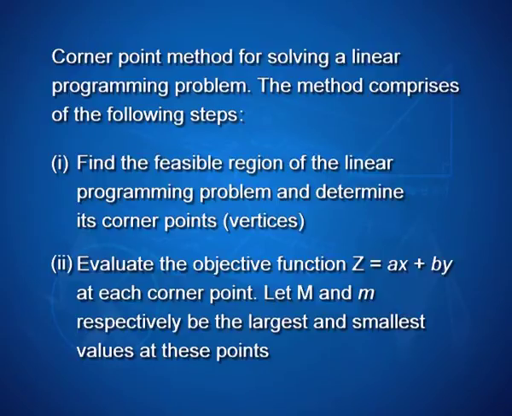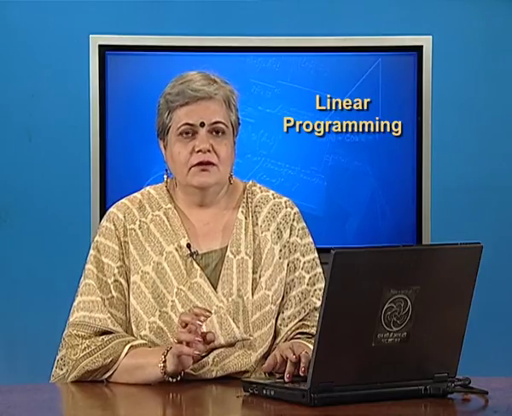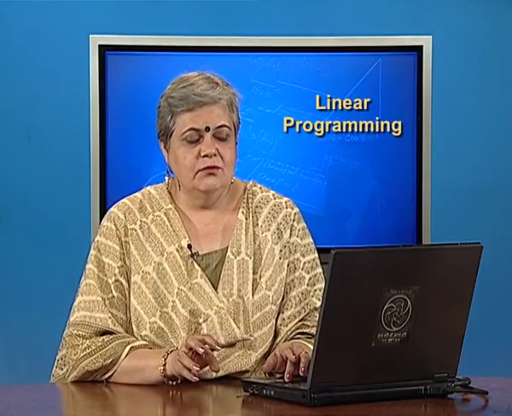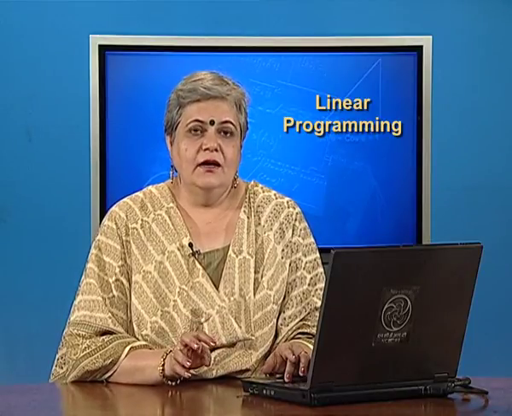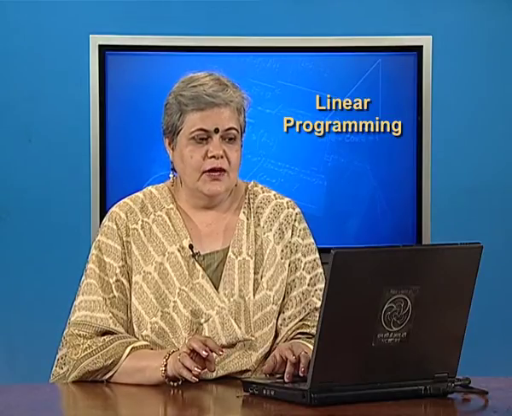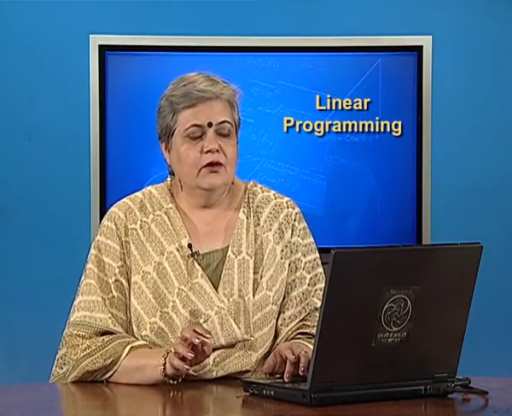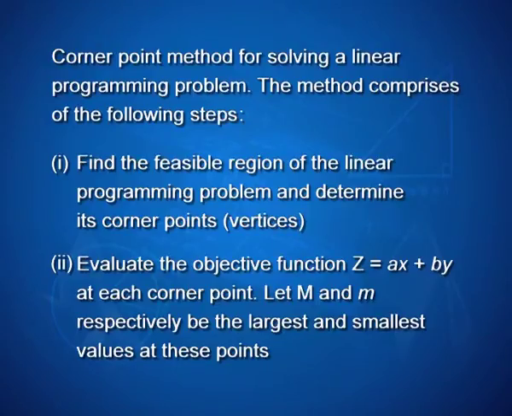The feasible region is a region which satisfies all the constraints, which were linear inequalities. So, the feasible region is nothing but the common region of the Cartesian system where all the inequalities and of course, the non-negative restrictions are satisfied. And then we will find the corner points, that is the vertices of this feasible region.